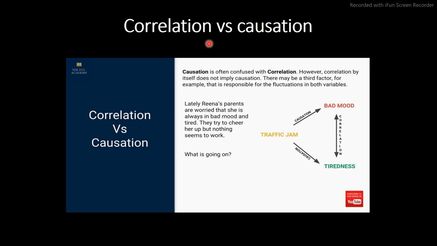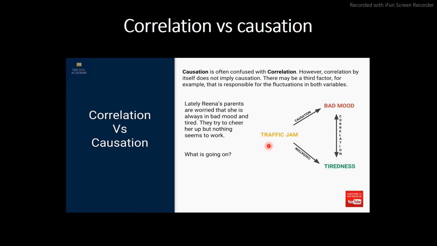Now if you see correlation versus causation, just take the traffic jam example. Sometimes you have a bad mood and you get tired. When you enter your home, your mom says, why do you look so tired, and then says it's due to the bad mood. But it's not the bad mood that is making you tired.